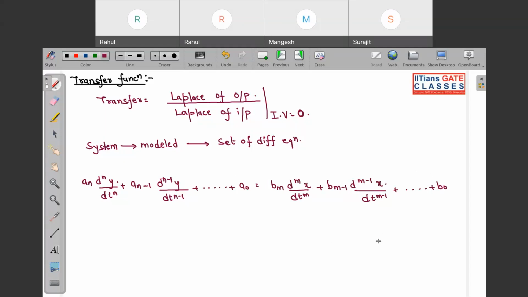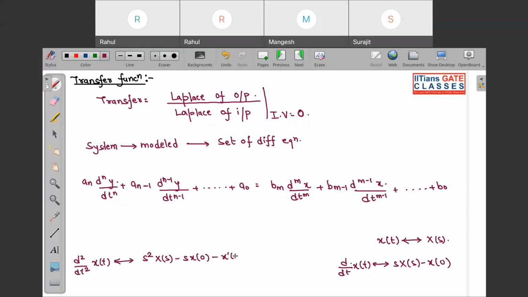So now, all these are in the time domain. I haven't written t in parentheses in all the places. If x(t) has Laplace transform X(s), then we know that d by dt of x(t) has Laplace transform sX(s) minus x(0). Similarly, for d square by dt square we have Laplace transform s square X(s) minus s x(0) minus x dash (0).